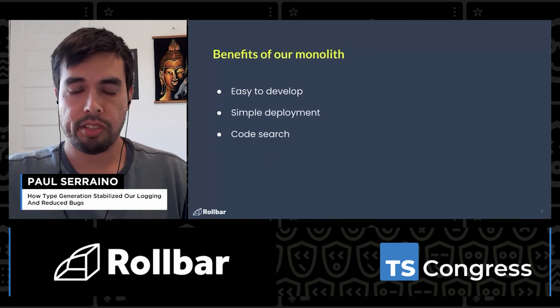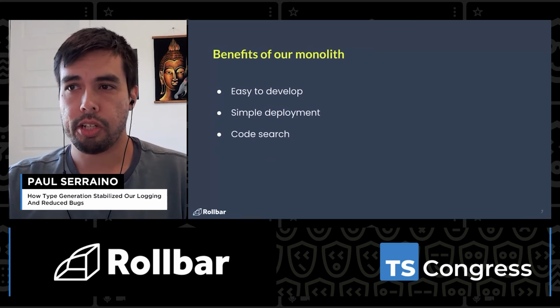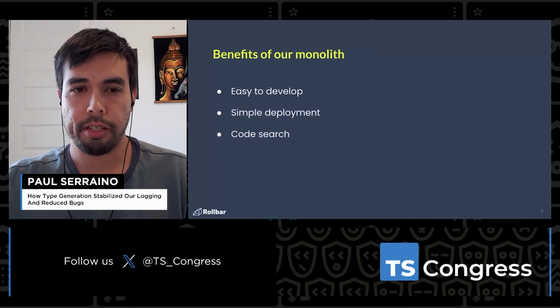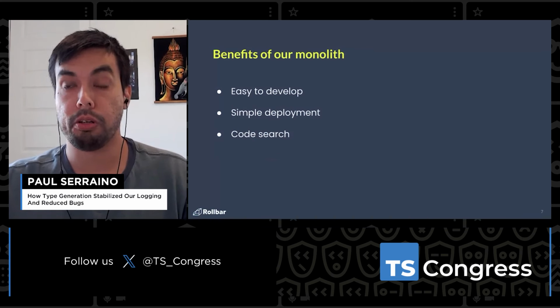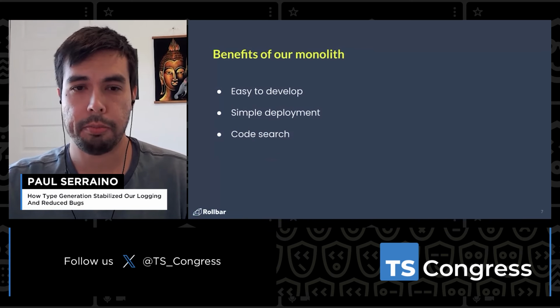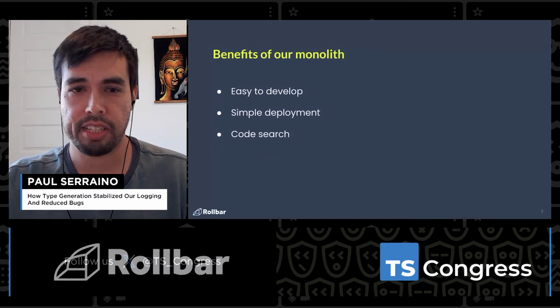There are some benefits of working in a monolithic code base. It's much easier to develop in a monolithic code base because there's often boilerplate code that developers can copy and paste and tweak to get something working faster.